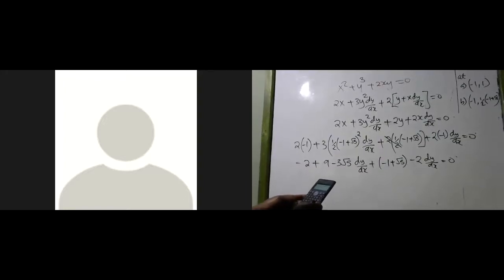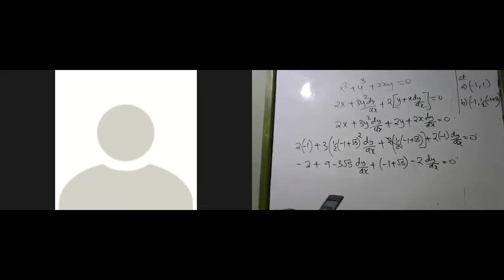Then the like terms, this and this one here, we also use the calculator and we take it to the other side. So we are going to have brackets there, minus 1, positive root 5, we close, then minus 2.